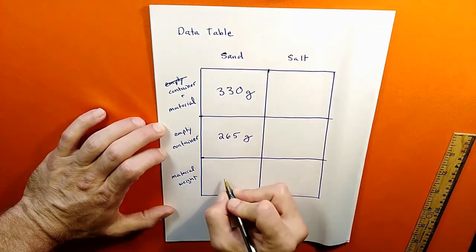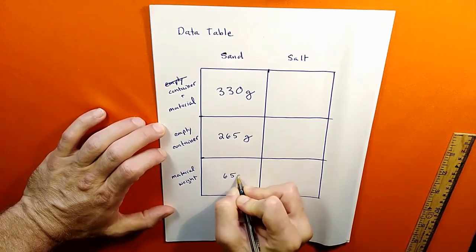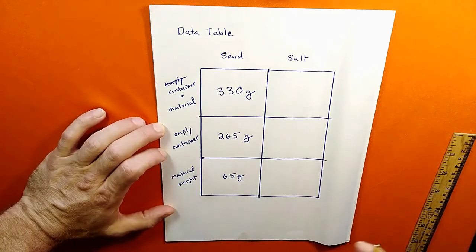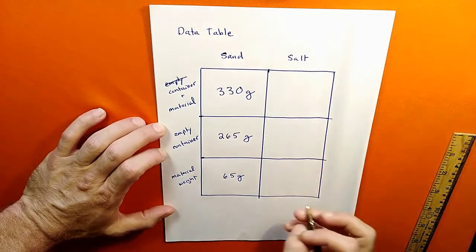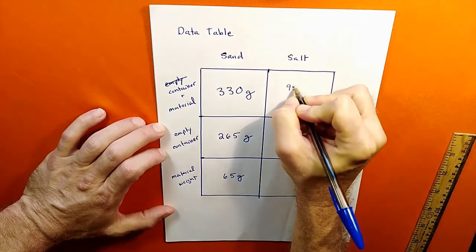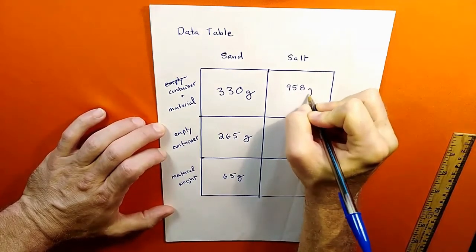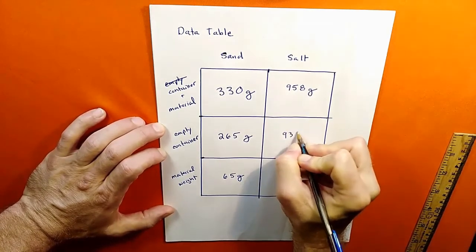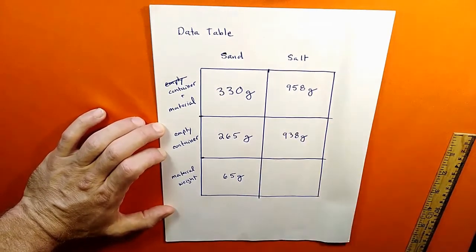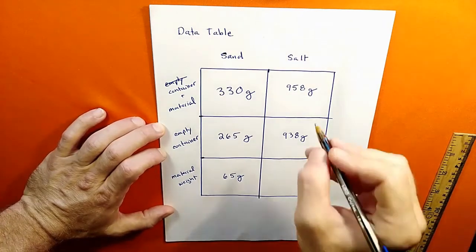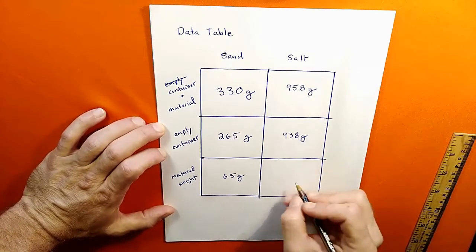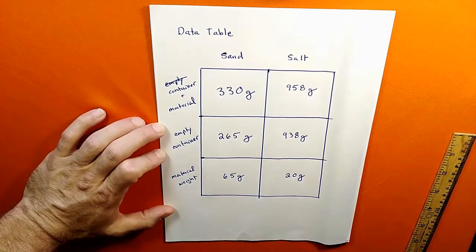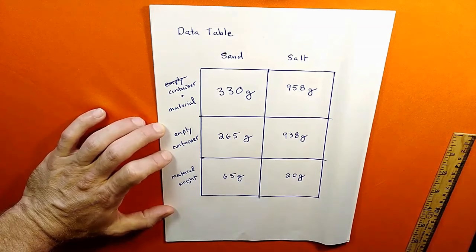So I want to subtract these two numbers, and it looks like we recovered 65 grams of weight total on the sand side, and on the salt side, after we took it out of the oven, it was 958 grams. The empty mass was 930 grams. And again, if I subtract these two numbers, I note that we have 20 grams on the salt side collected.